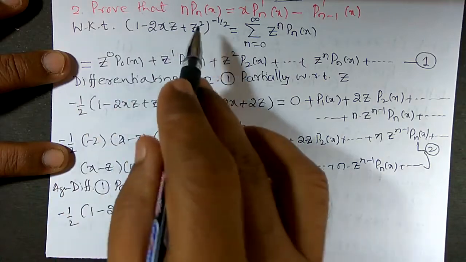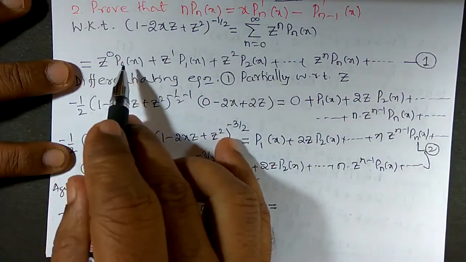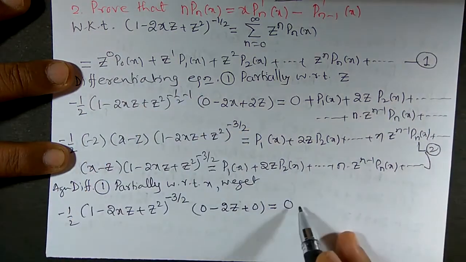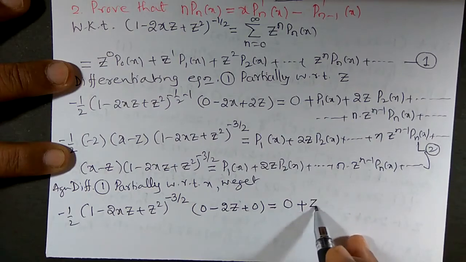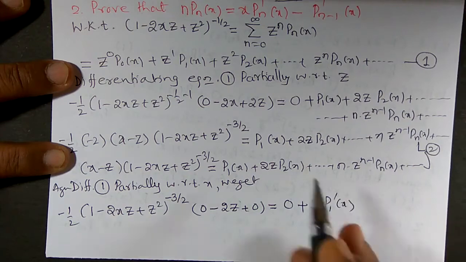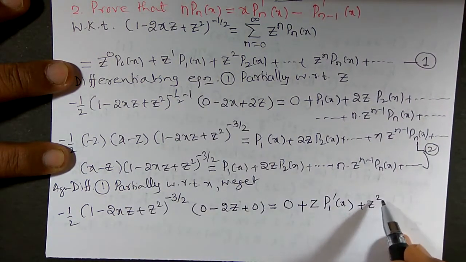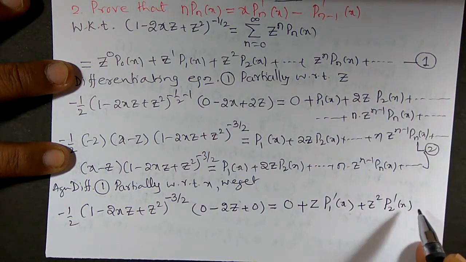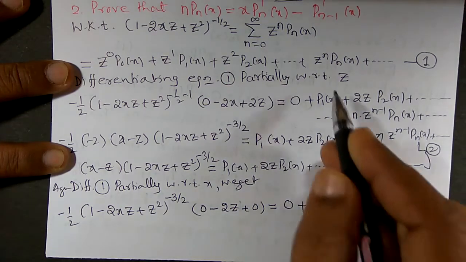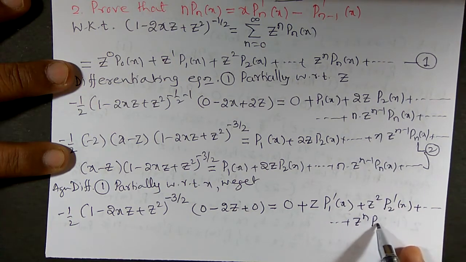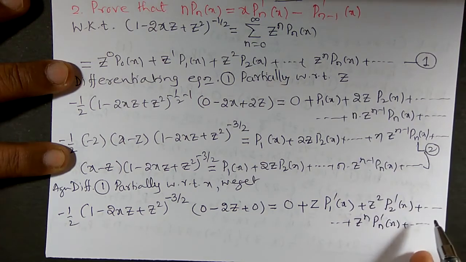I have differentiated the left hand side. Now I want to differentiate the right hand side with respect to x. The derivative of the first term is 0 because it is constant. For the second term, z is constant, so I write z as it is, times the derivative of P_1, that is P_1'(x), plus z squared is constant, P_2'(x), plus so on. The nth term, z raised to n is constant, so P_n'(x), plus so on.